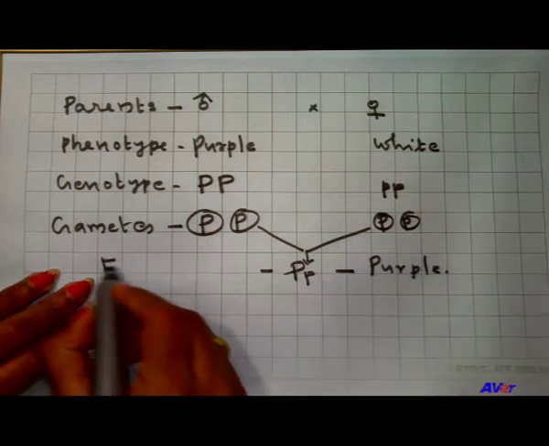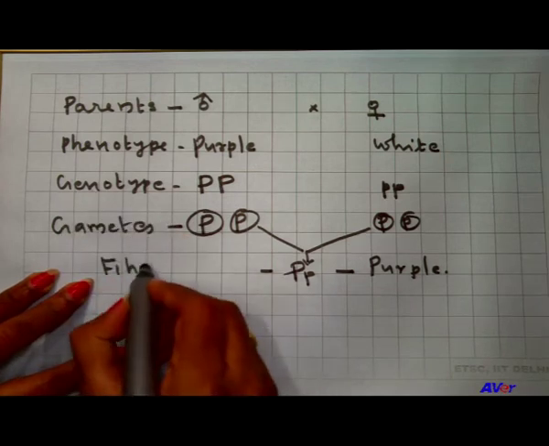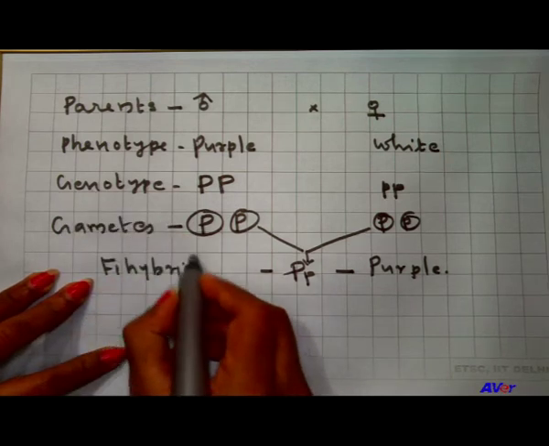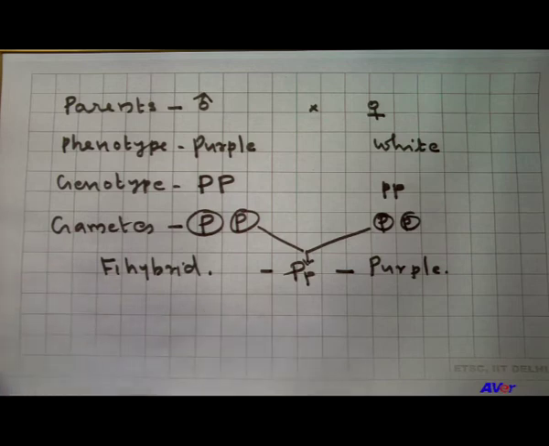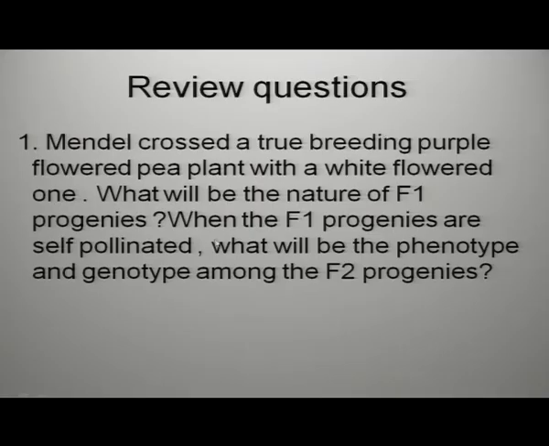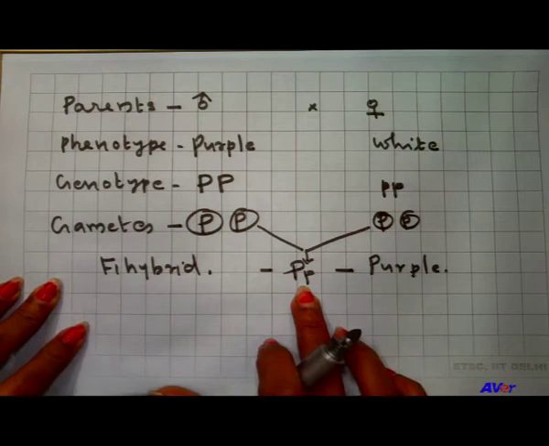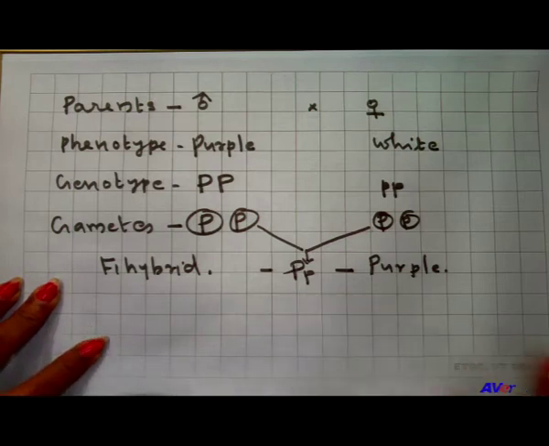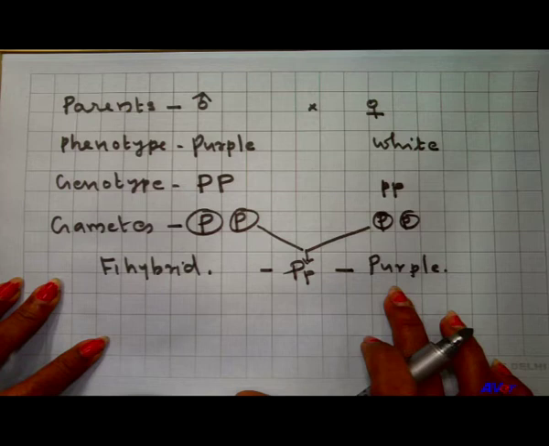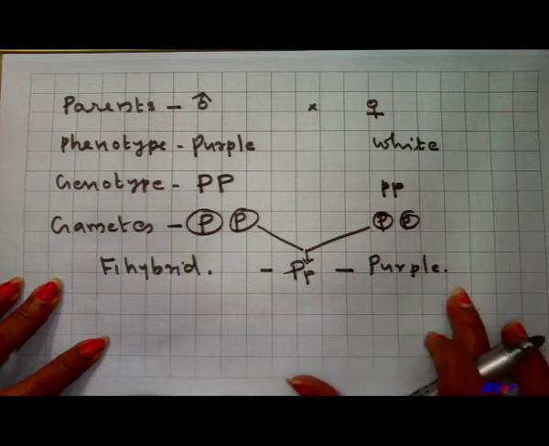This is the F1 hybrid. So, here in the question it is already asked what will be the nature of F1 progenies. So, here comes the answer. Its genotype is capital P, small p, and the phenotype is purple.